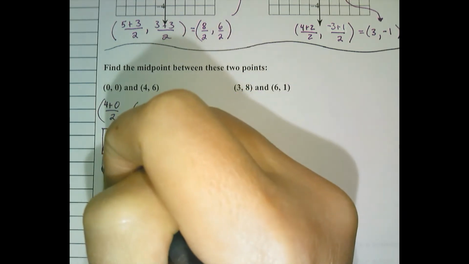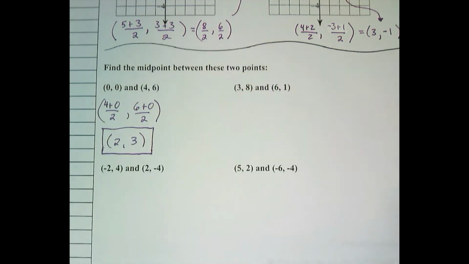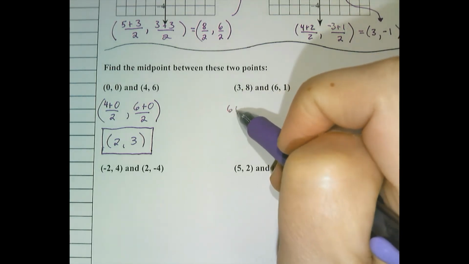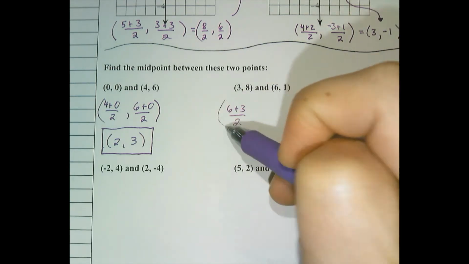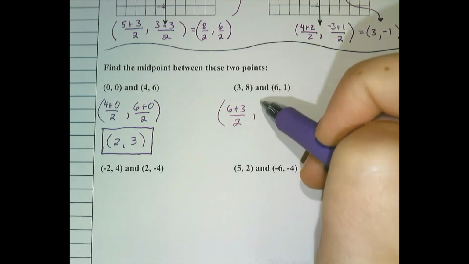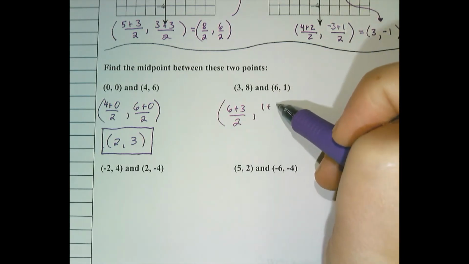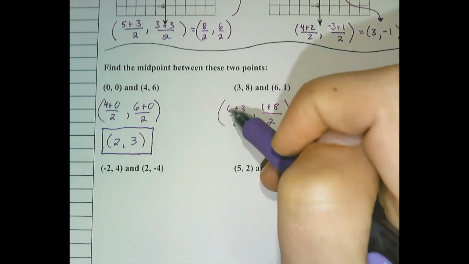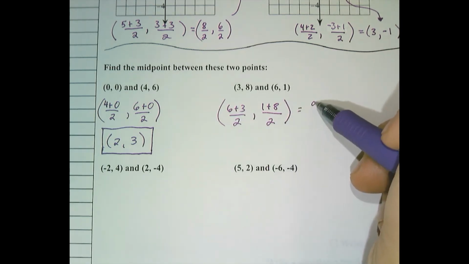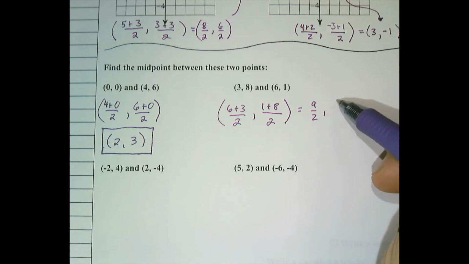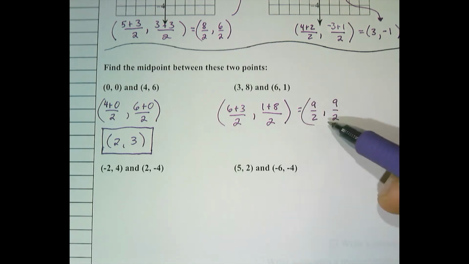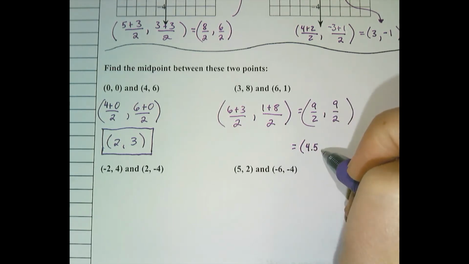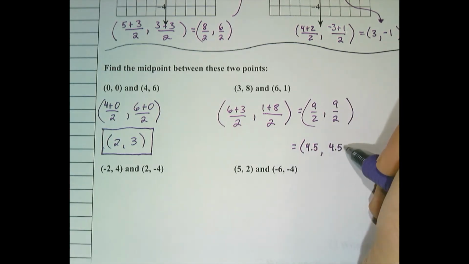Midpoint is the average of each part of the coordinate pair. So the average of 3 and 6, the average of 8 and 1, nine halves. Or if you were to write it as a decimal, 4.5.